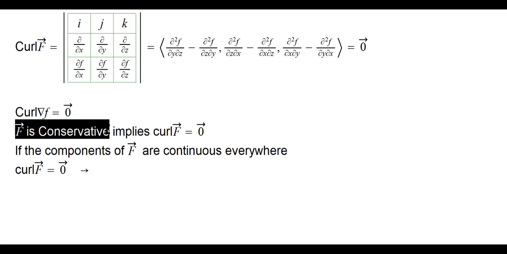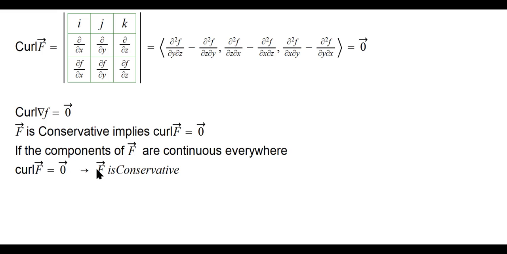That is, you should be able to find a scalar function little f such that capital F is the gradient of that function little f. So let's take some examples here, okay?